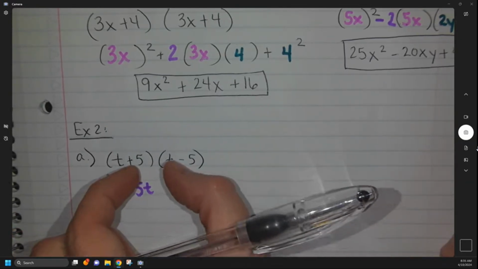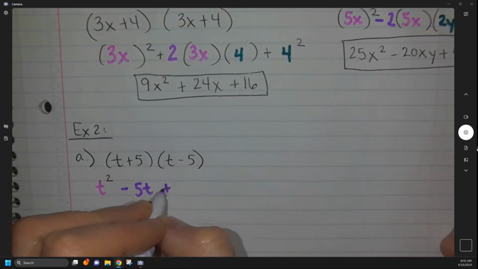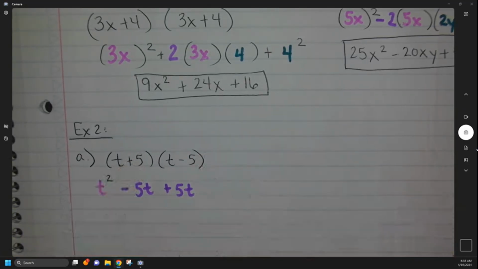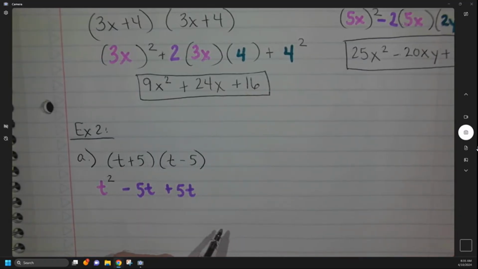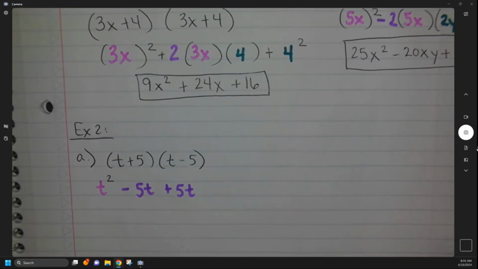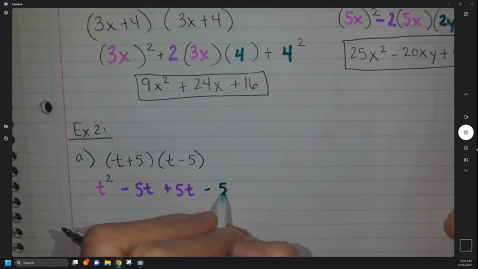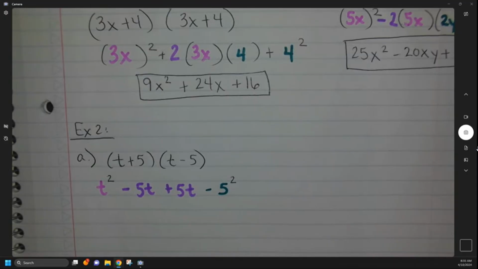My inside terms, 5 times t, gives me positive 5t. And then my last terms, 5 times negative 5, is going to give me minus 5 squared.